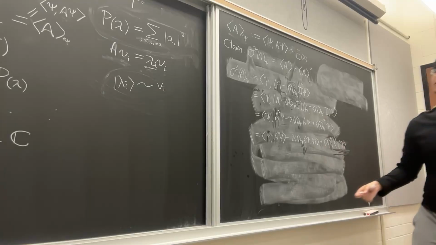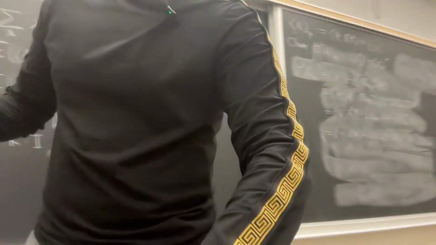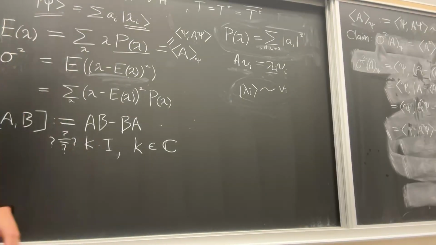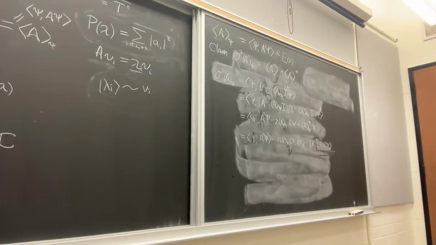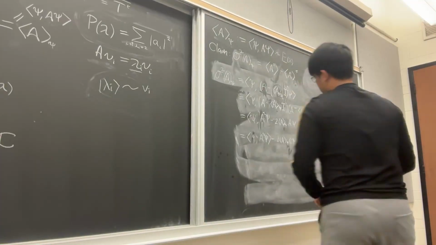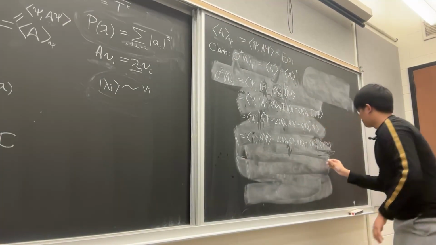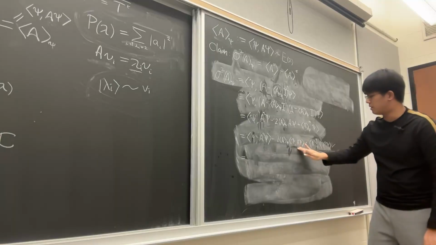Did we assume that psi is normalized? Yes. Psi is normalized here. This is what we meant. So the inner product there, voila. This becomes 1. So this is a check. Can we say anything about this?